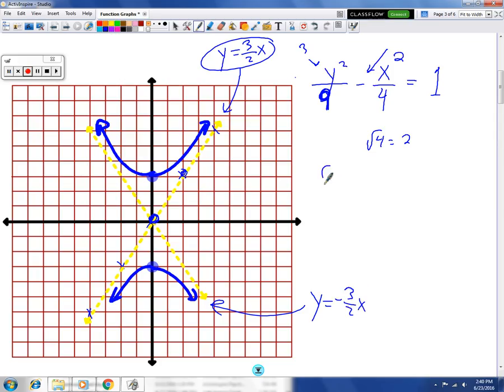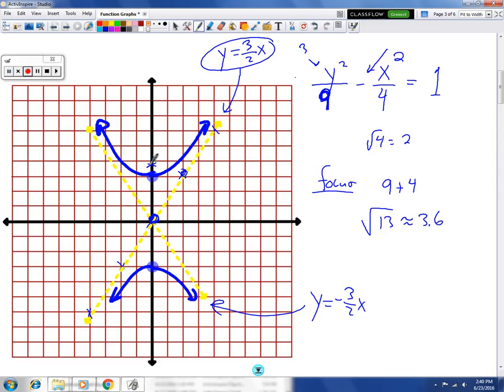Alright, the foci. Take your two denominators, add them up, you get 13, and I'll say it's about 3.6. That's just kind of a guess. This time I go up and down 3.6.